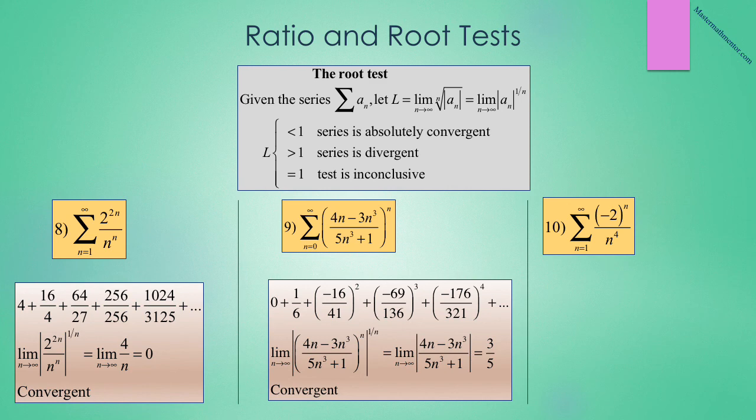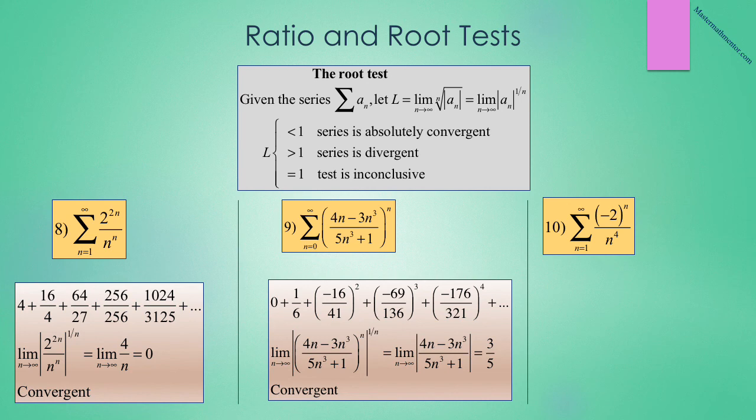Multiplying the powers, the n's cancel, so we're simply left with the limit as n approaches infinity of 4n minus 3n to the third over 5n cubed plus 1. We could use L'Hopital's rule here, but we simply look at the highest power terms. We get negative 3/5, and the absolute value of that is 3/5, which is less than 1.